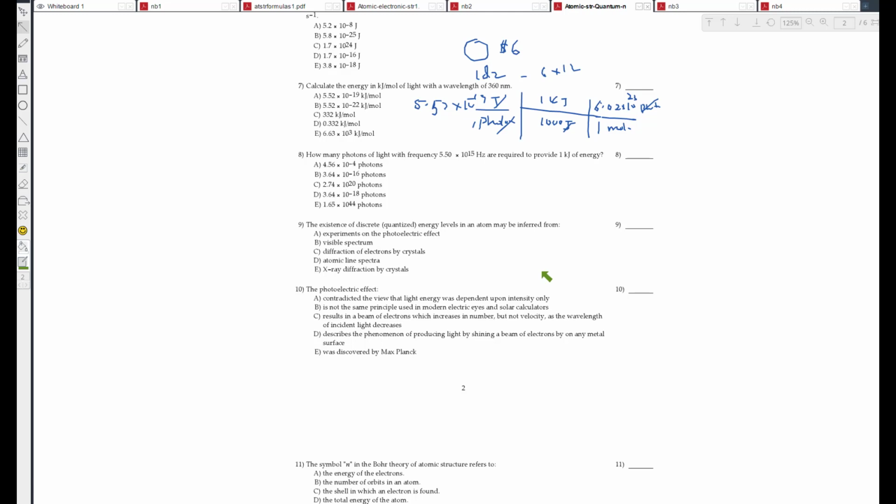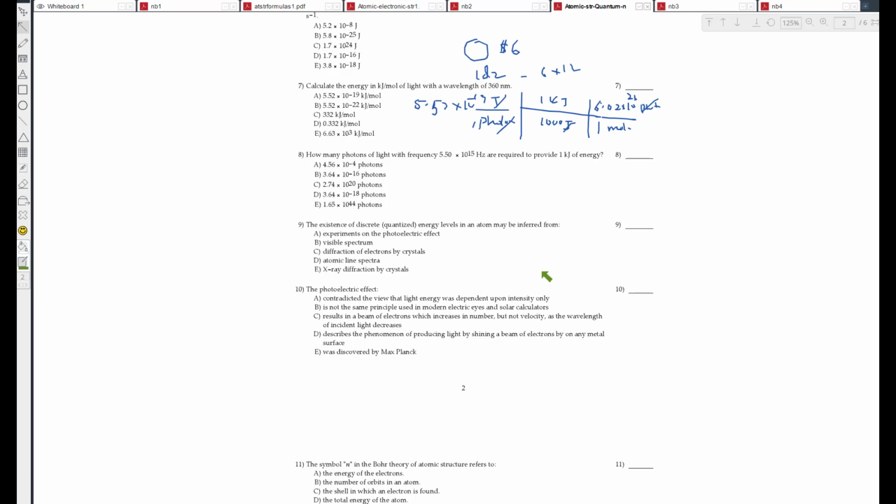Hertz is equal to 1 over second, or seconds inverse. Yes, hertz and second inverse are the same. How many photons? That's what it's asking.